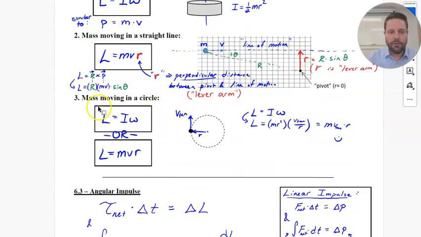If we go now to a mass moving in a circle, skipping number 2 for a moment here, then because this is rotating, it's a mass moving in a circle and has an I value of mr squared and an omega, we can use I omega for a mass moving in a circle. But since it's a mass moving in a circle, circular motion has a v tan.